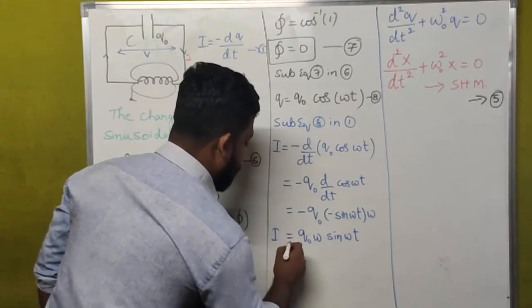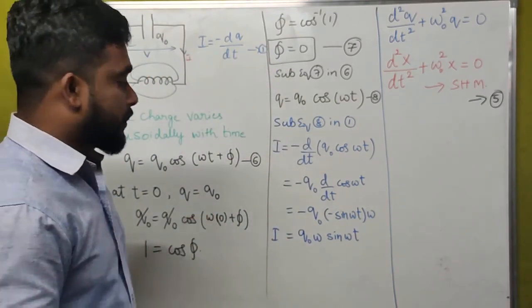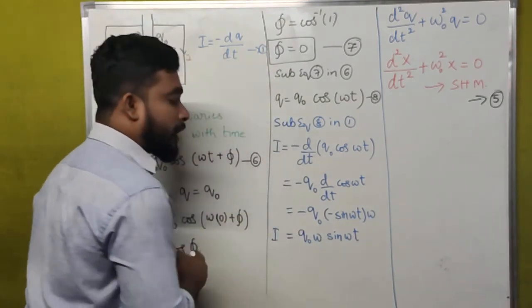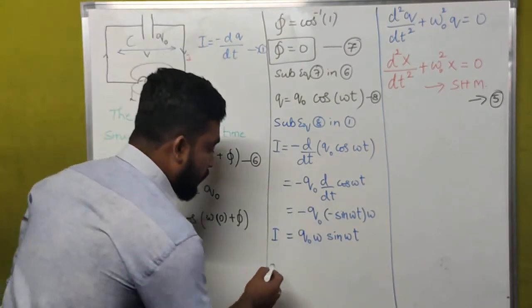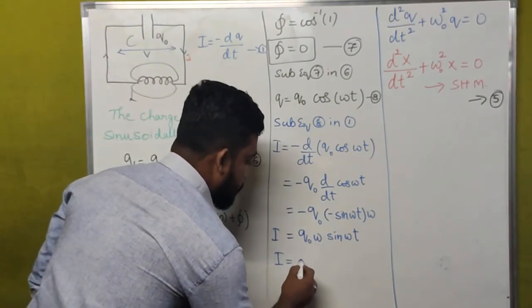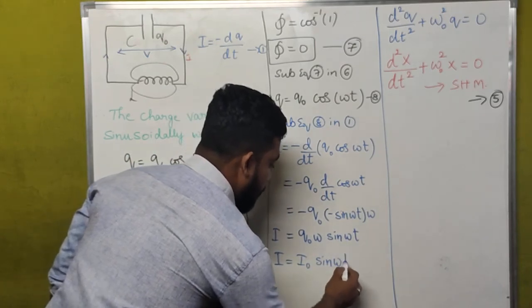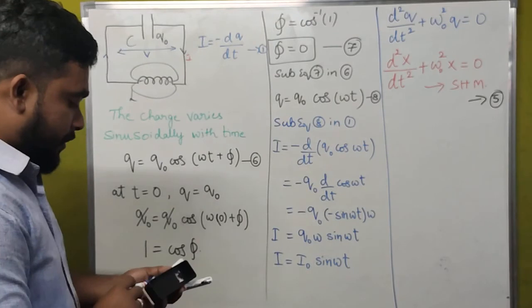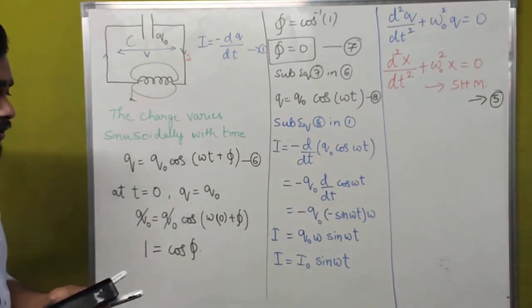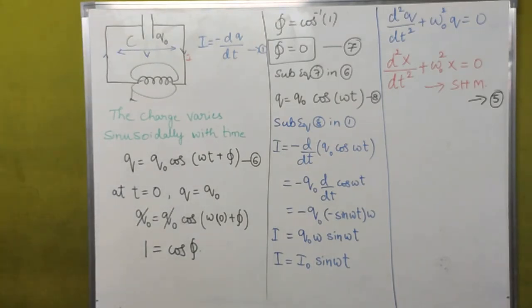This is the expression for current. Here I am going to consider omega into Q naught as I naught. Then the equation will be I is equal to I naught sine omega t.